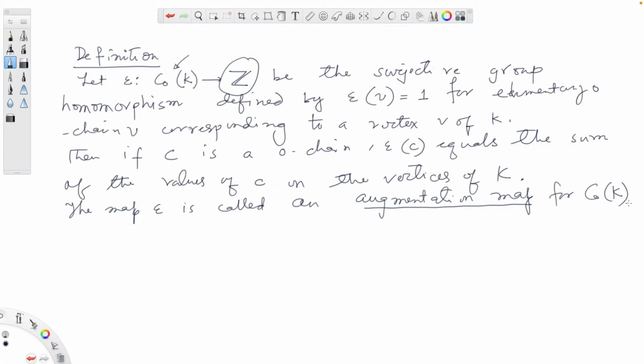We have seen in the proof of theorem 1 that the augmentation map on del 1 D, where D is any one chain on K, is 0.